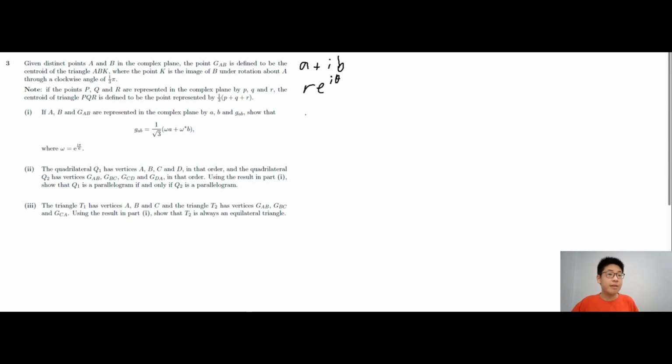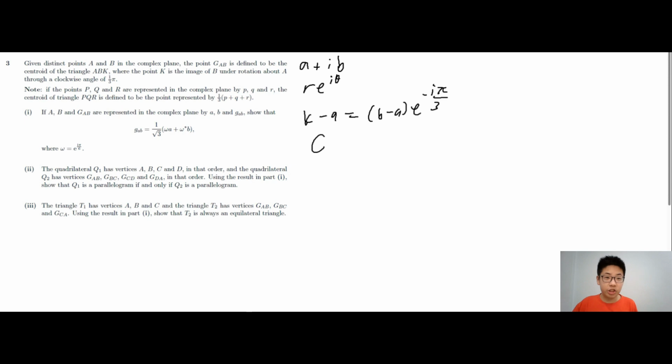So the point G_AB is defined to be the centroid of the triangle ABK. That means K minus A equals (D minus A) e to the power of negative i pi over 3. Remember, when the imaginary part of the exponent is positive, you're dealing with an anti-clockwise rotation.